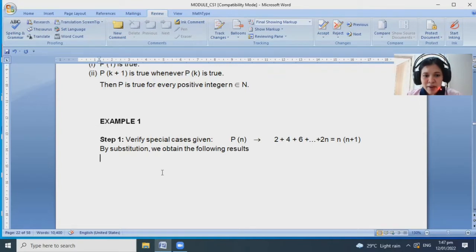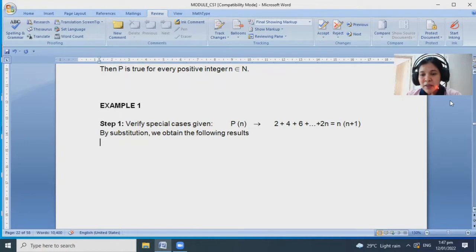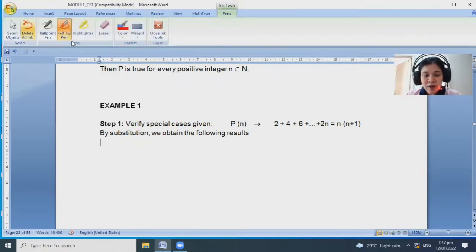So how to verify? First, you need to copy the first number in our series at the left side of the equal sign. So we have 2. Then you need to verify this formula for getting the sum of the series.